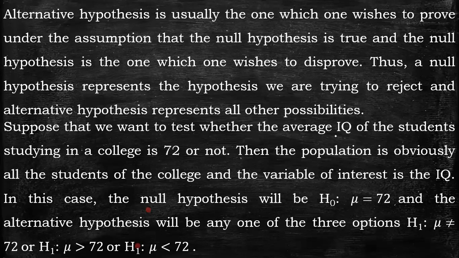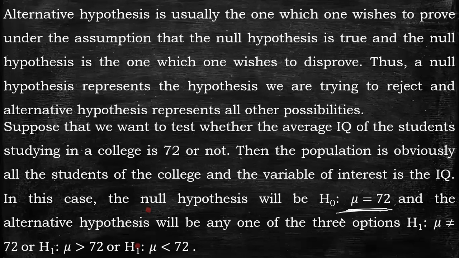Suppose we want to test whether the IQ of the students studying in a college is 72 or not. Then the population is obviously all the students of that college, and the variable of interest, the attribute, is IQ. In this case, the null hypothesis will be H0: mu equal to 72. And the alternative hypothesis can be one of three possibilities, but there is only one possibility for the null hypothesis, mu equal to 72.